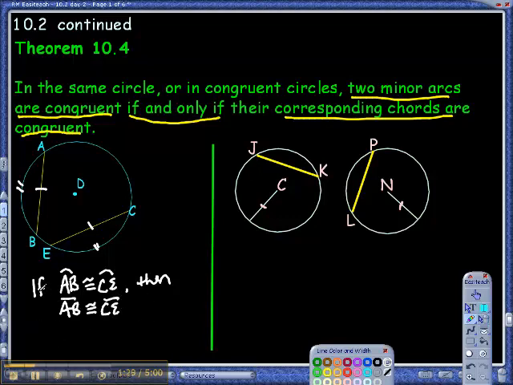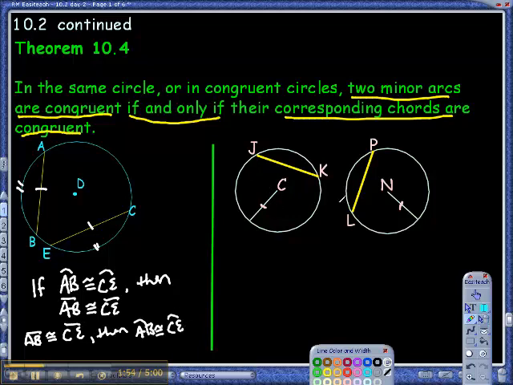So instead of saying, if the arcs were congruent, then the segments would be congruent, we could also say the arcs are congruent if and only if the segments are congruent. Because I could also write this backwards and say, if I knew that AB was congruent to CE, then I also know that arc AB is congruent to arc CE.